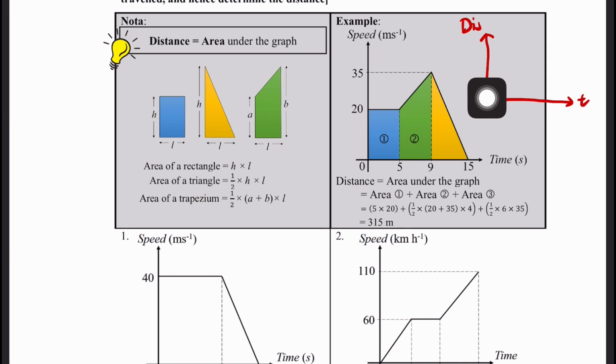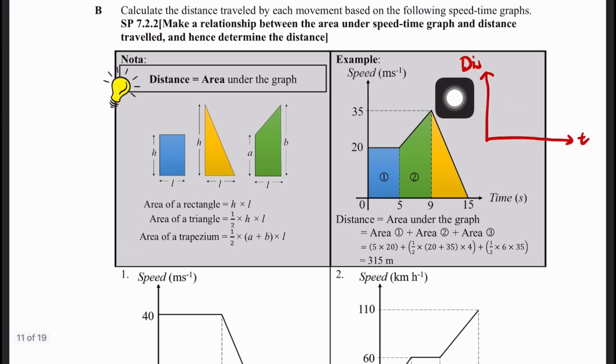But it is different for this type of graph. For the second type, speed time, in order to find the total distance, you need to calculate the area under the graph. Remember that.